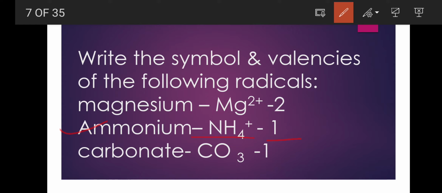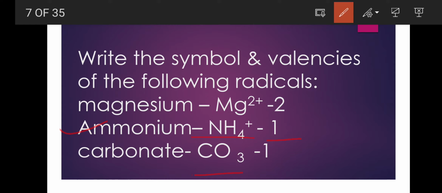Now, next is carbonate. So, CO3, clear? Carbonate is also a radical, and carbonate is which type of radical? Acid radical. Clear? Acid radicals are also called as what? Anions.